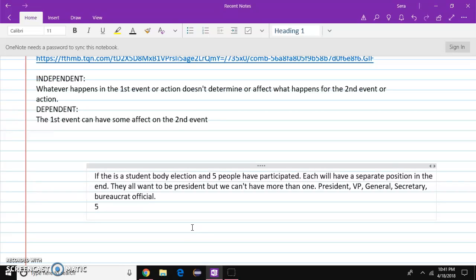So if you had to solve this, it would be 5 times 4 times 3 times 2 times 1. I said it out of order, but that's how you look at it, which is equal to 120, or 5 factorial. That's what it's called, 5 factorial.